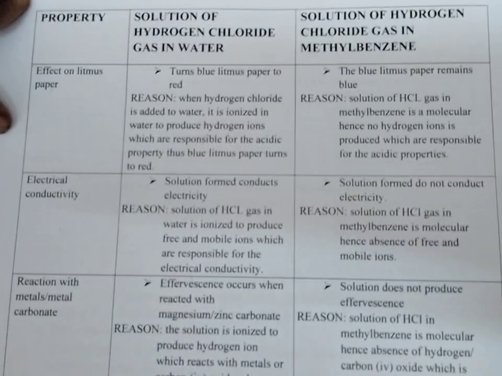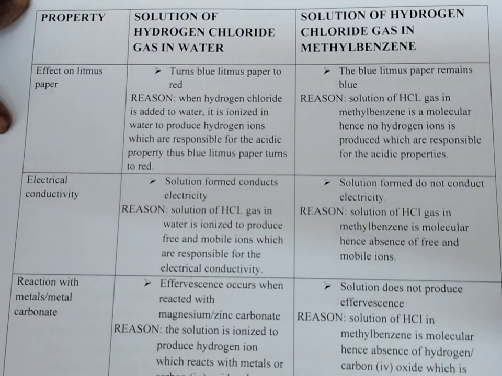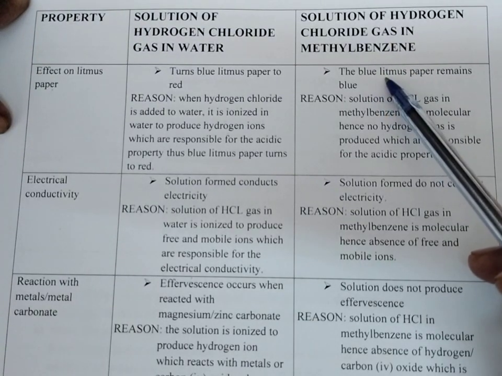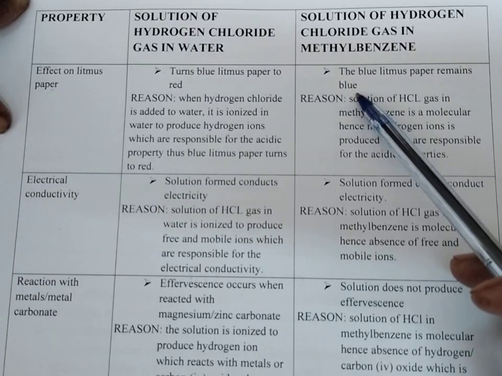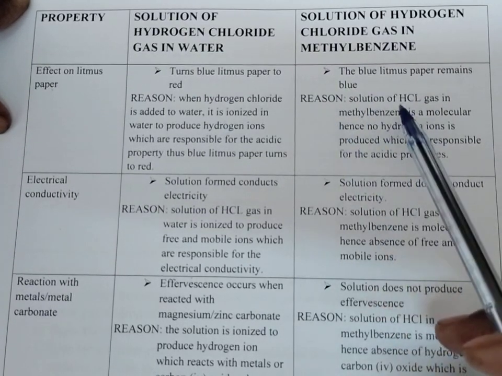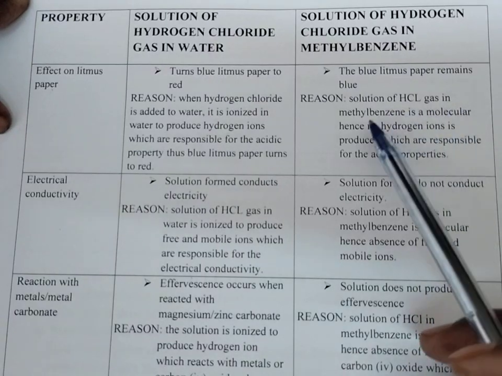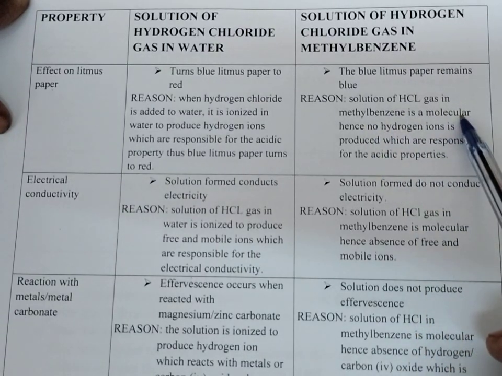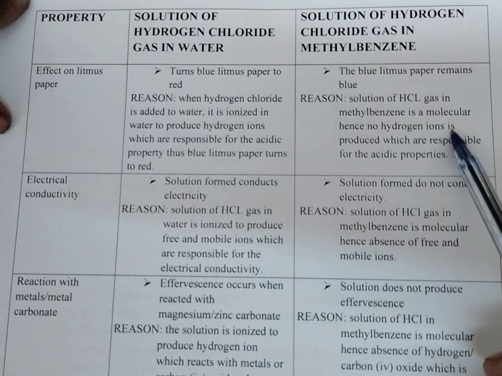Let's see the solution of hydrogen chloride gas in methyl benzene. The blue litmus paper remains blue, meaning there is no change in the litmus paper. Reason: the solution of hydrogen chloride gas in methyl benzene is a molecular solution. Hence, no hydrogen ion is produced, which is responsible for the acidic property.